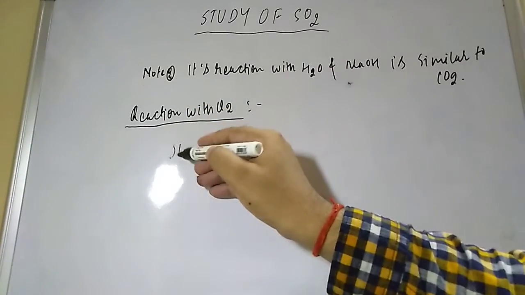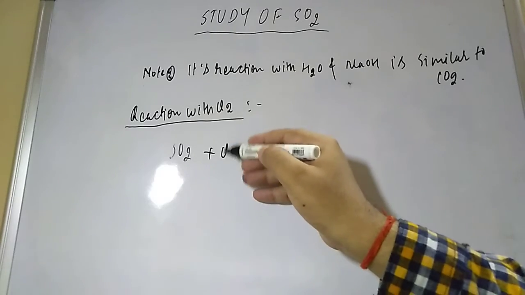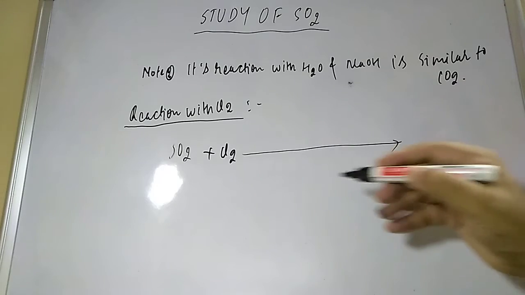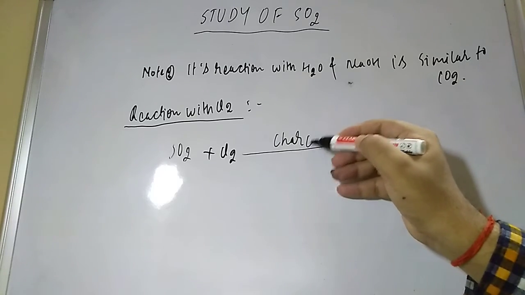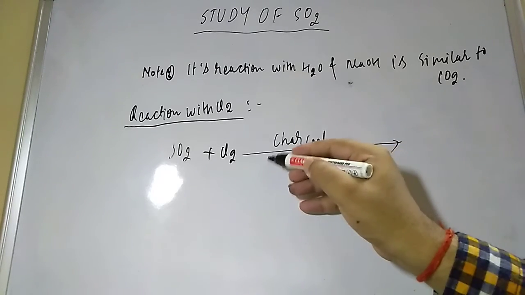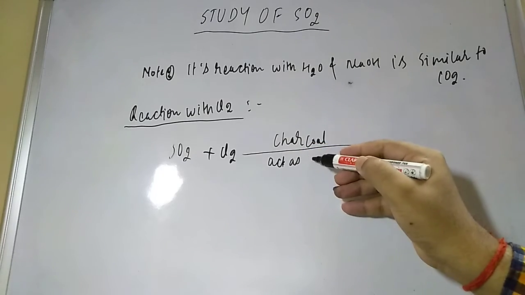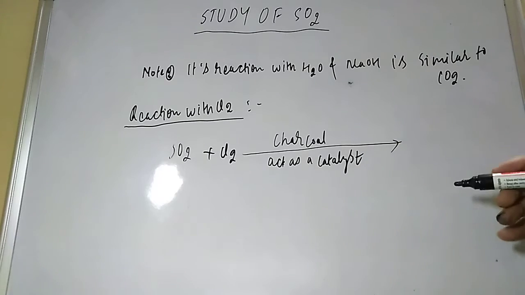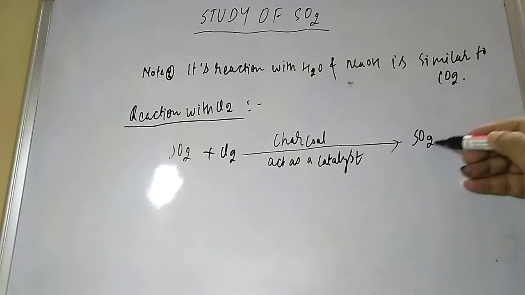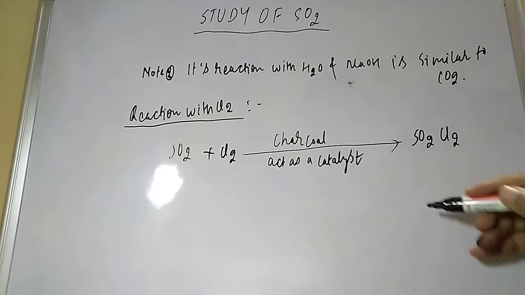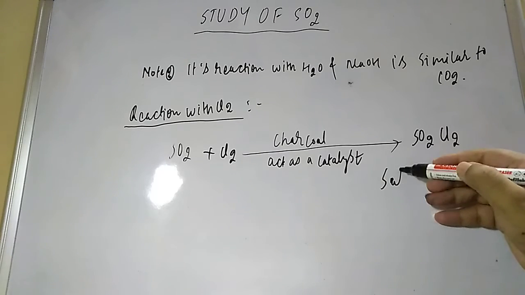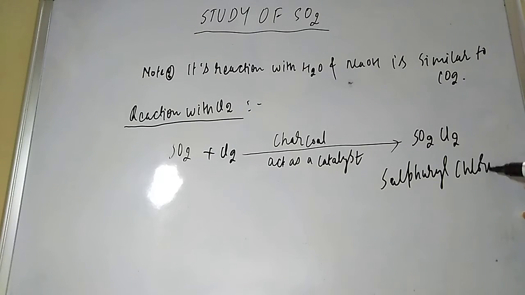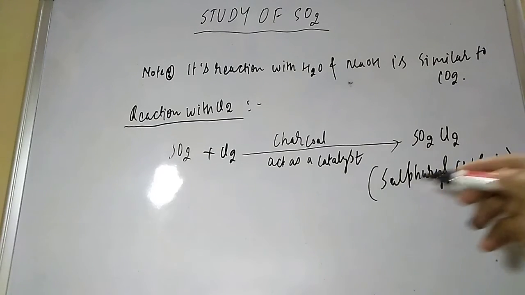So write down the reaction directly: SO2 plus Cl2, with charcoal acting as a catalyst, gives SO2Cl2. This SO2Cl2 is known as sulfuryl chloride. So this is the product.